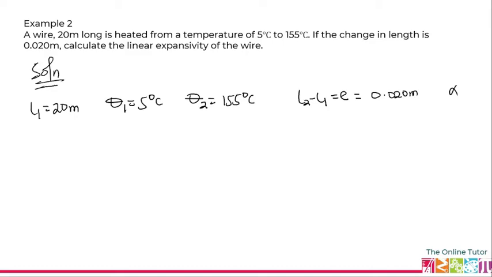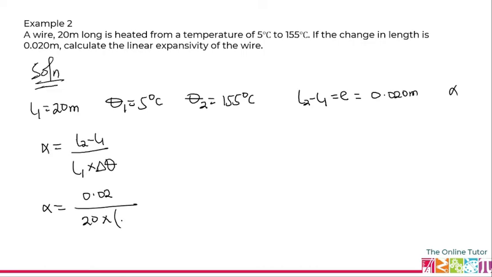So all we have to do is to write down the formula for the linear expansivity of a metal. We know alpha is equal to the extension or the change in length, which is L2 minus L1, over the unit length multiplied by the change in temperature. So our alpha is going to be the change in length, which has been given to us as 0.02, over the unit length, which is 20, multiplied by the change in temperature, which is 155 minus 5.